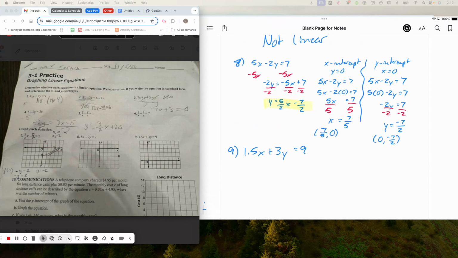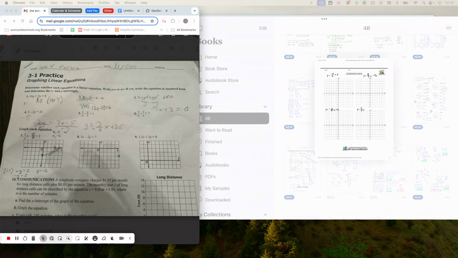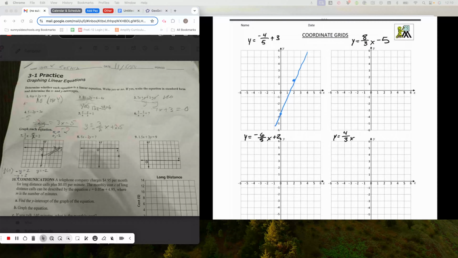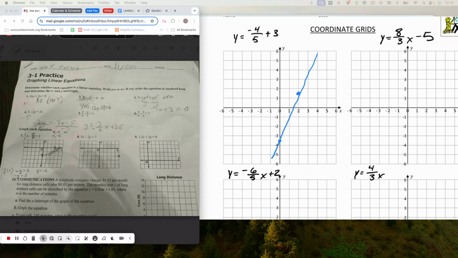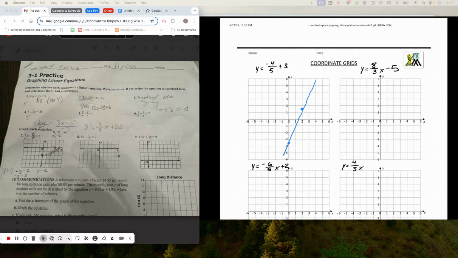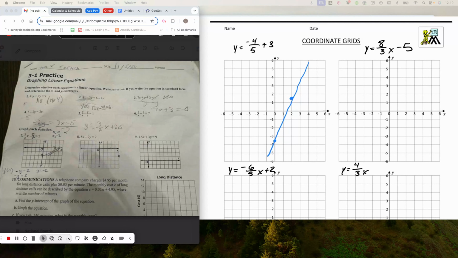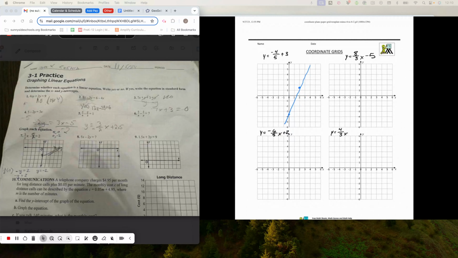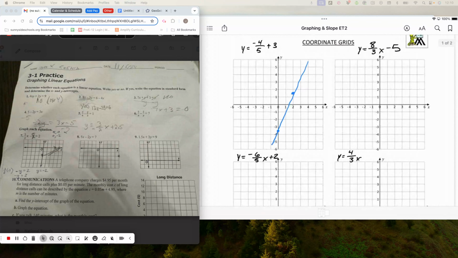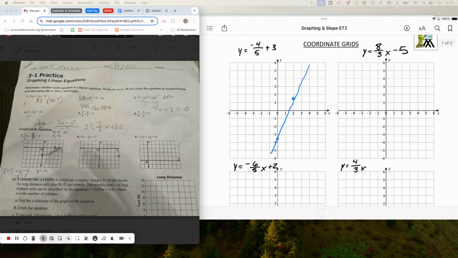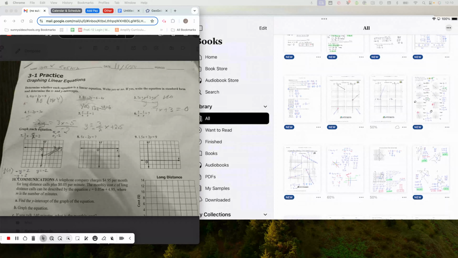Maybe before I do number 9, we should look at the graph at number 8 and see what our x and y intercepts look like. So it looks like our y-intercept would be about negative 3.5, and our x-intercept would be about 1.5.